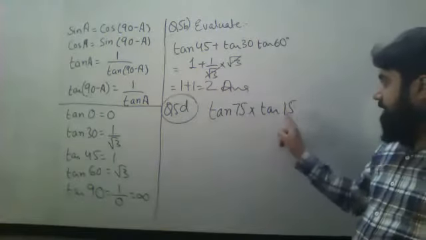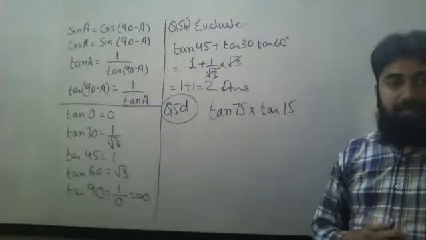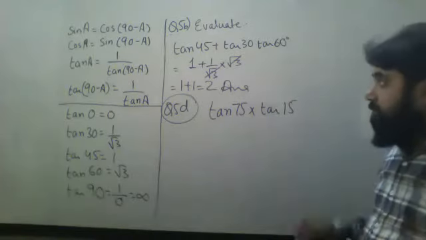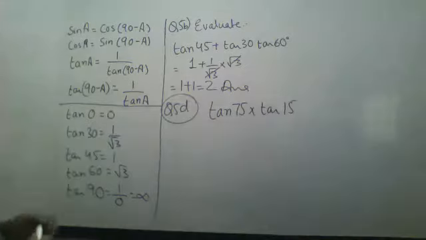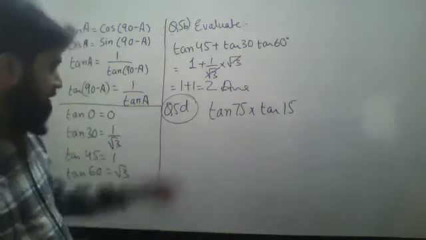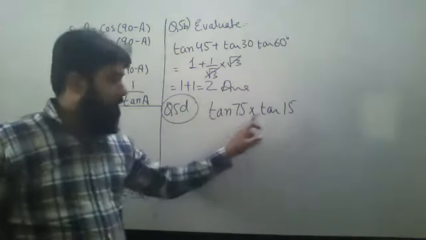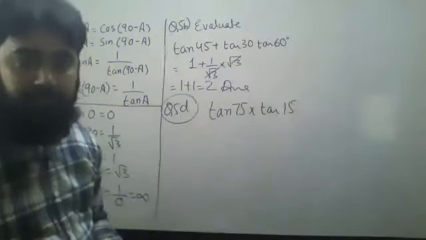First of all, 75 plus 15, the result is 90. So it means I can use this one or this one, first shifting it into 90 form.